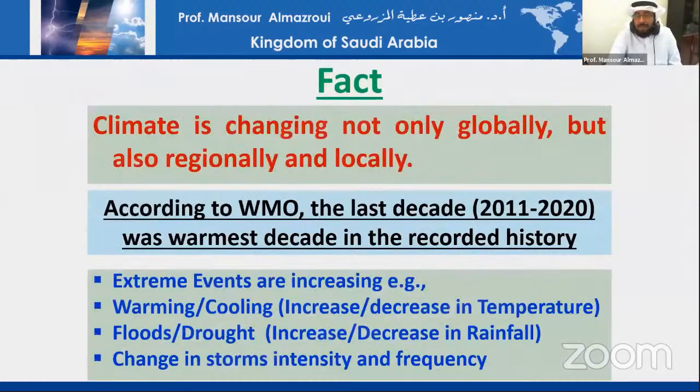But before beginning the presentation, I would like to state some facts: climate is changing not only globally, but also regionally and locally. According to the WMO, the last decade, 2011 up to 2020, was the warmest on record.